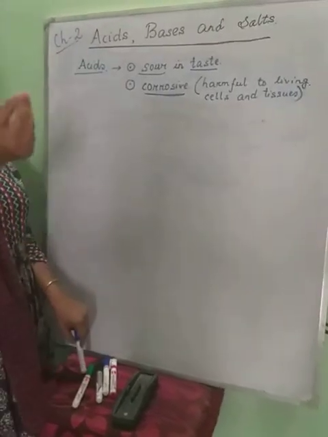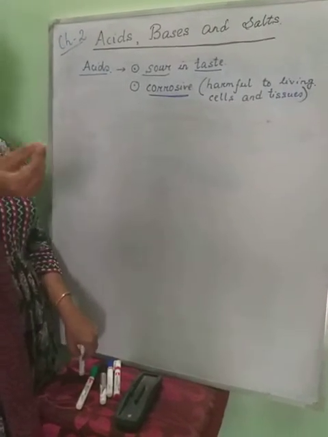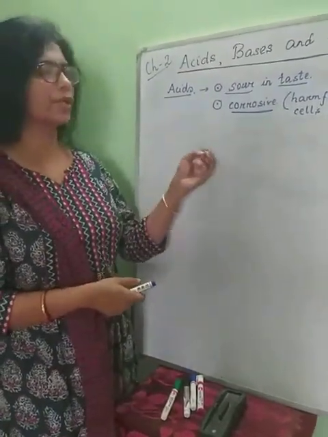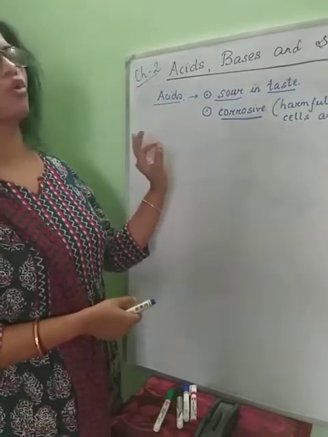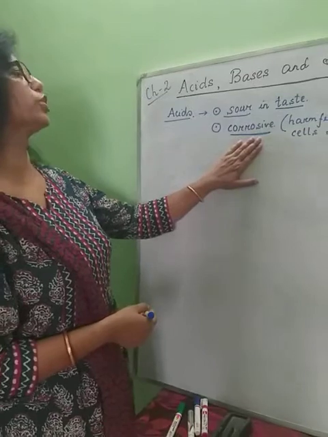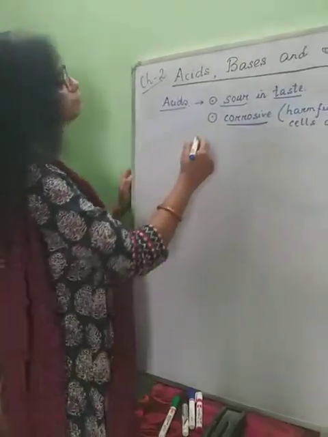Even if we touch muriatic acid, what is actually the toilet cleaner, the main constituent of Harpic, we will find itching over our skin. That is due to the corrosive nature of acid.